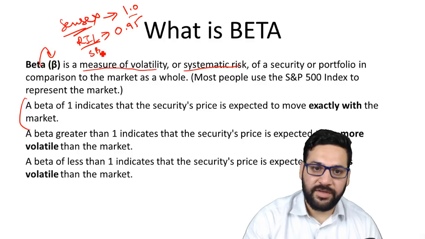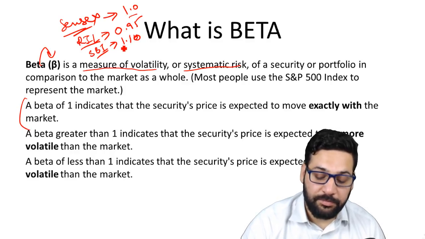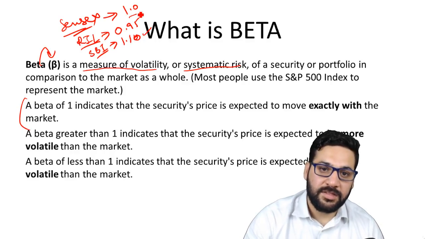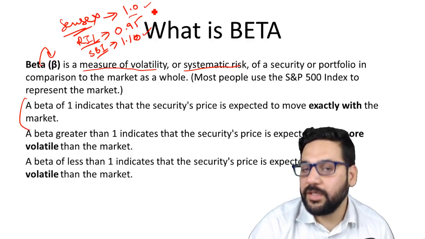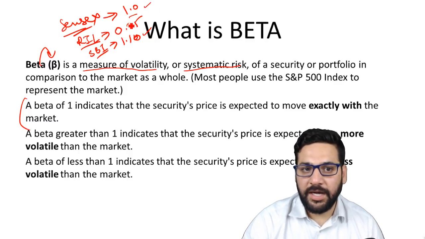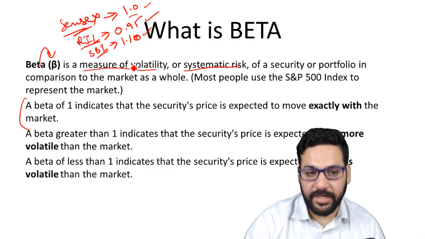And the volatility of SBI's share is, let's say, 1.10. Then the beta of SBI is higher than 1, so it is more risky. And the Reliance Industries share is less risky.